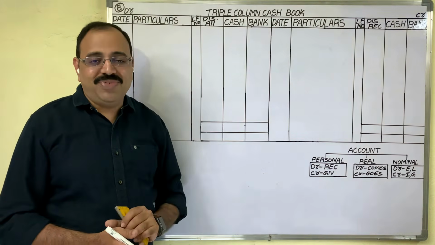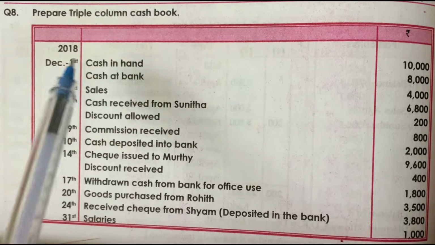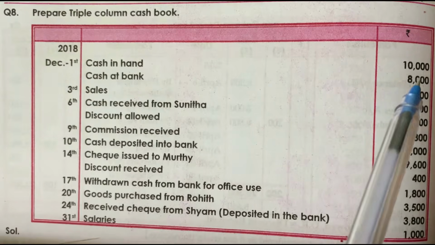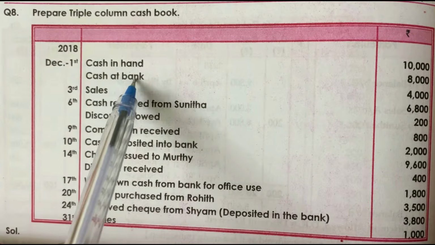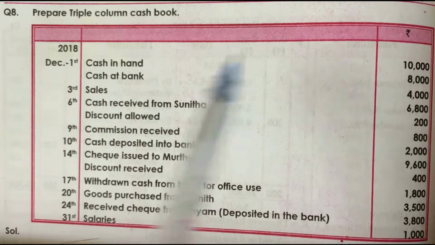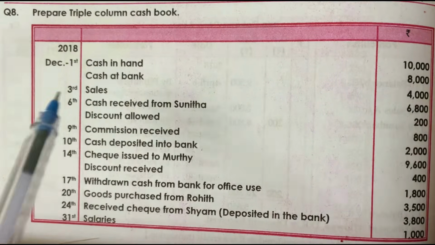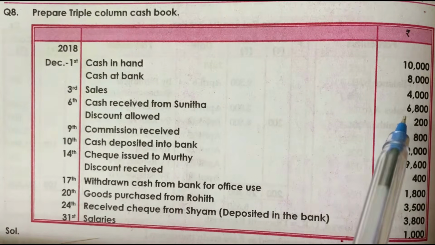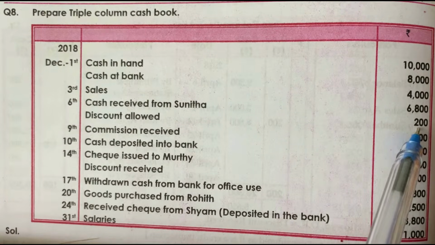Let us see the question first. 8th problem, prepare triple column cash book. December 1st, 2018. Cash in hand 10,000 rupees. On the same date, cash at bank 8,000 rupees. On the third, sales 4,000 rupees. On the 6th, cash received from Sunitha 6,800, discount allowed 200 rupees.